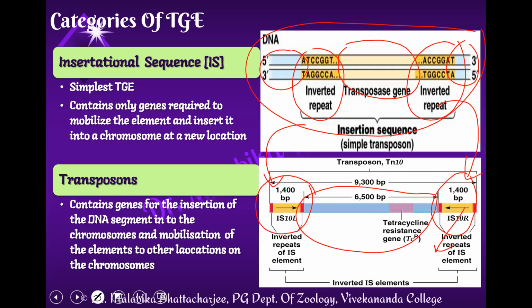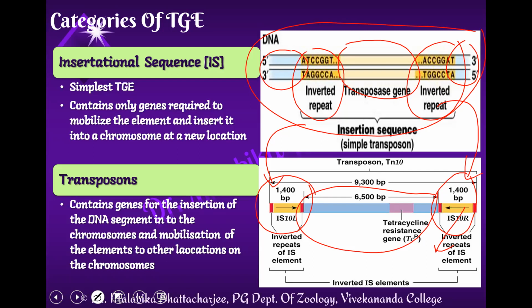So this is a comparative analysis to show you that IS elements are basically very, very small structures. They have only the transposase gene and are bordered by inverted repeats. But when we talk about transposons, they are large pieces of DNA, and they also have boundaries.